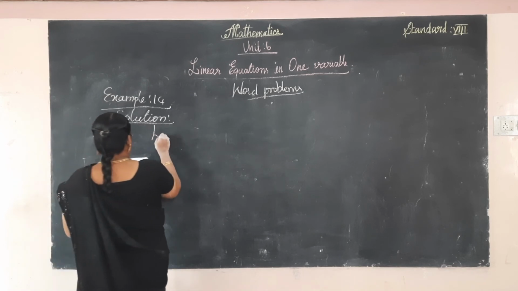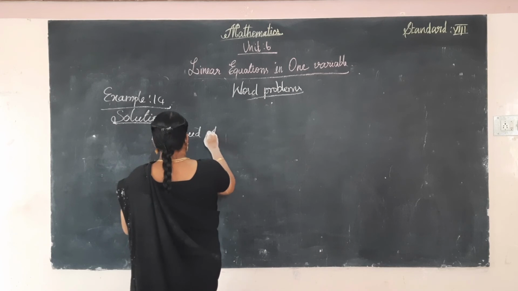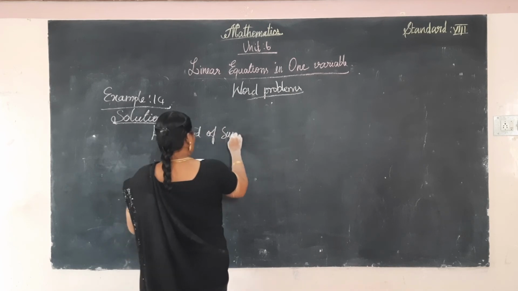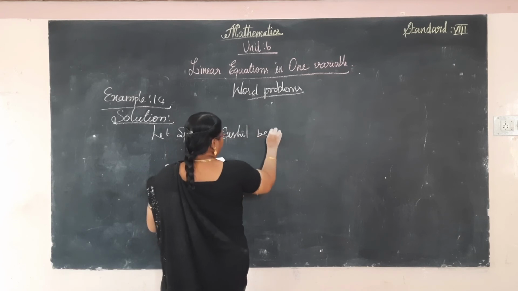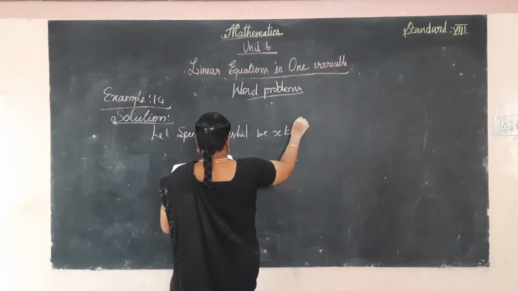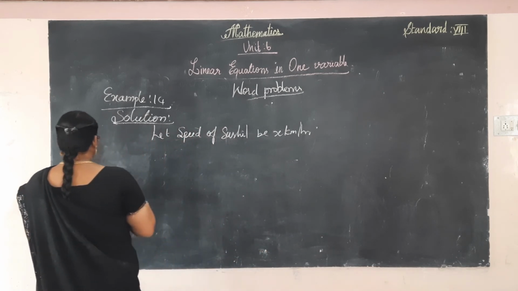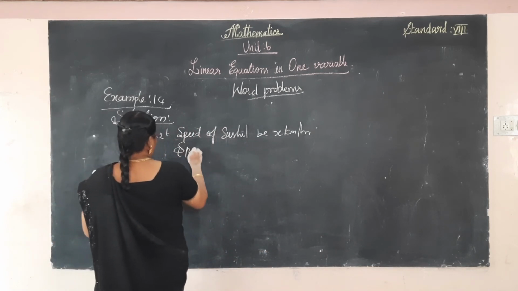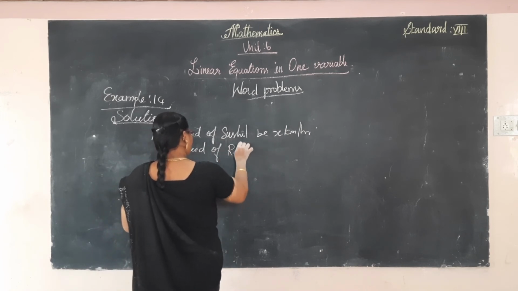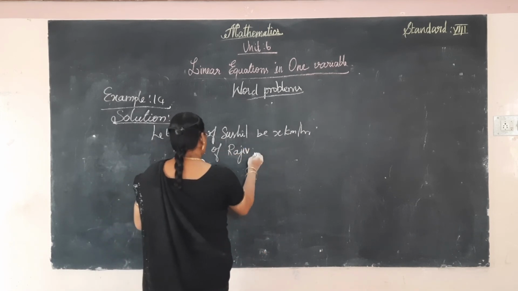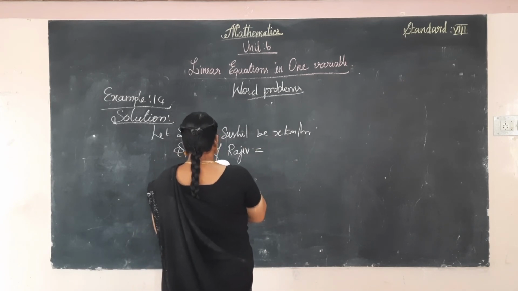Let the speed of Susil be x kilometer per hour. Okay, right. And next one, the speed of the Raj is equal to the speed of the Suzel plus 10.